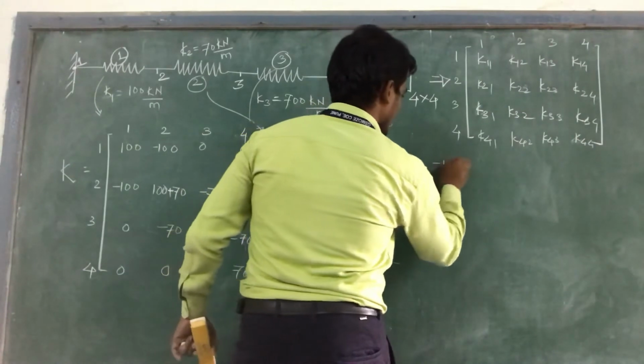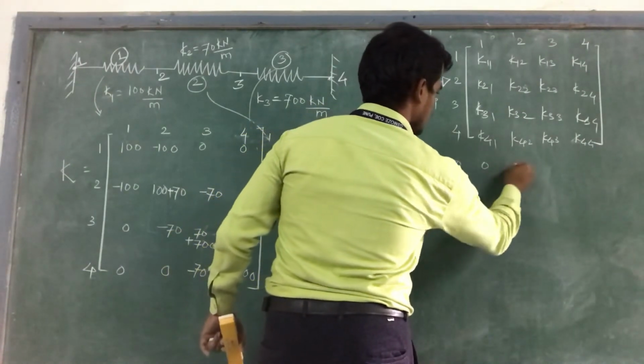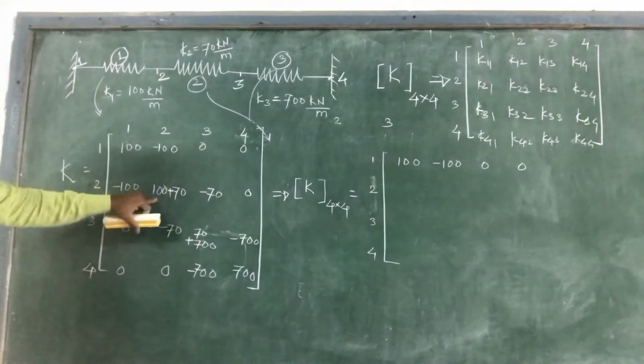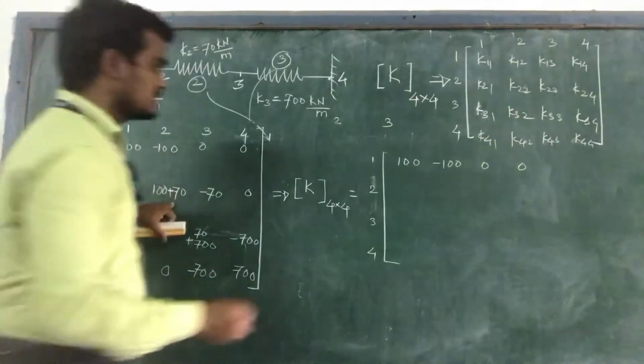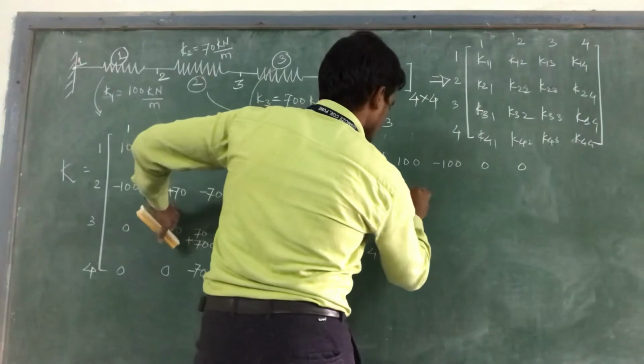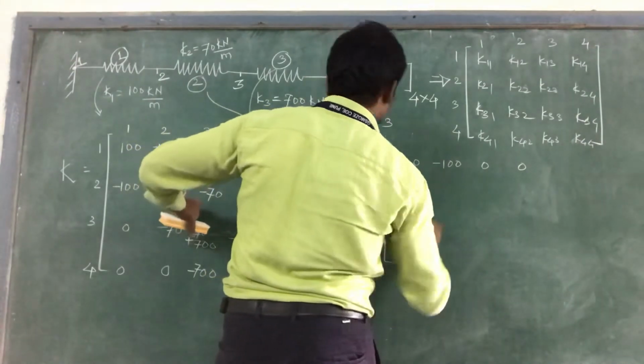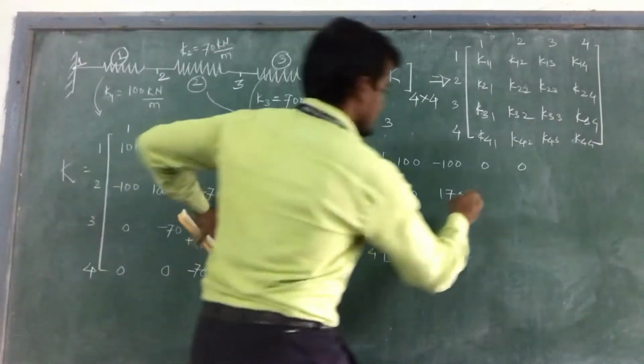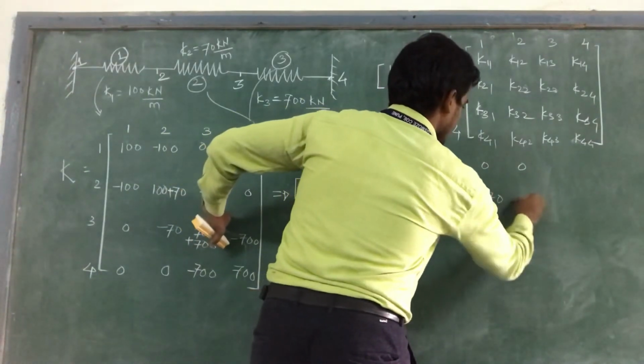The second row will become minus 100, this 100 plus 70, 170, then minus 70 and 0.